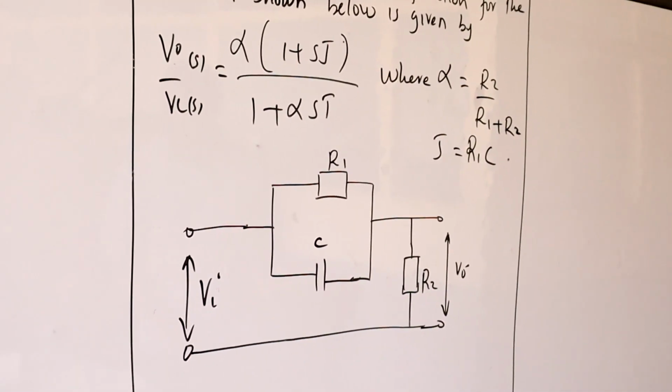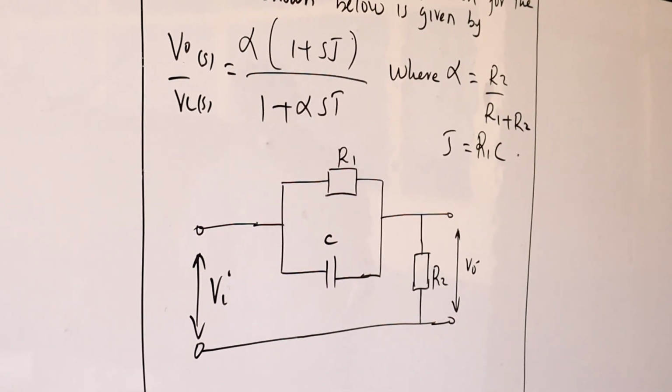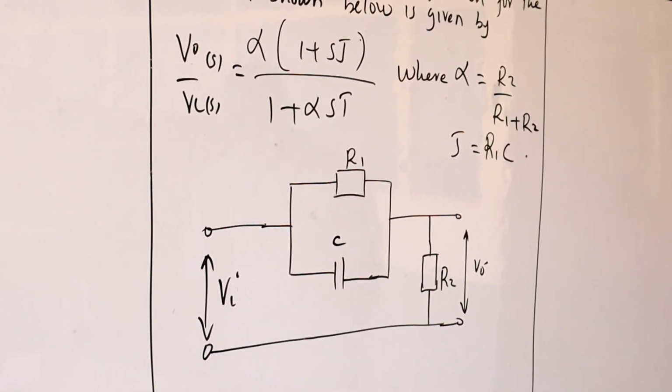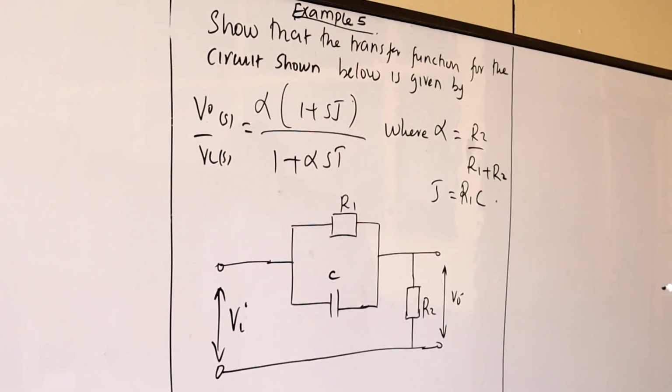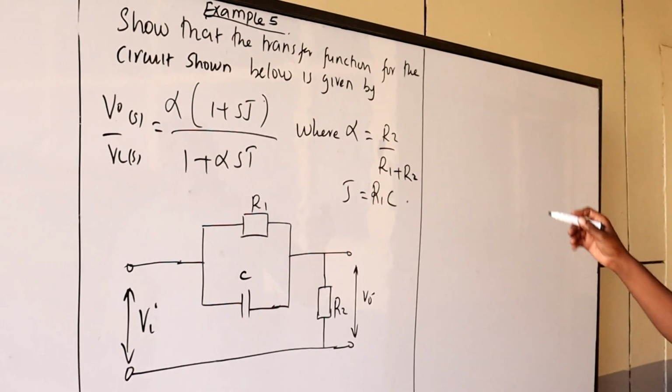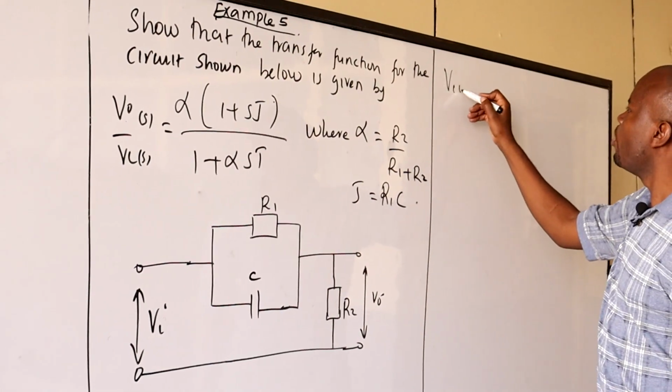Maybe this one we are going to do differently from what we have done before, and we are going to obtain the transfer function by giving the expression of both of what we have. So when you talk about this, we can talk of Vi of t.